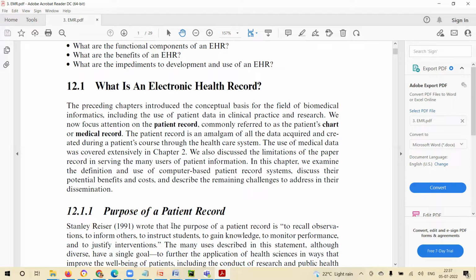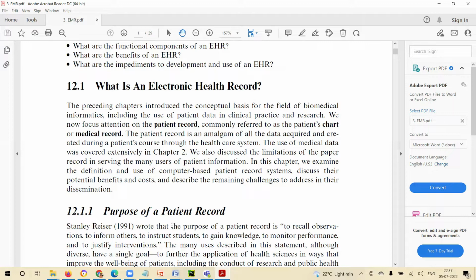So you will know what kind of problem that person is facing. Is he diabetic, or does he have an allergy to any medicine? The patient is unconscious and cannot tell you, but the medical record will be able to tell you. So that's the advantage of creating a medical record.